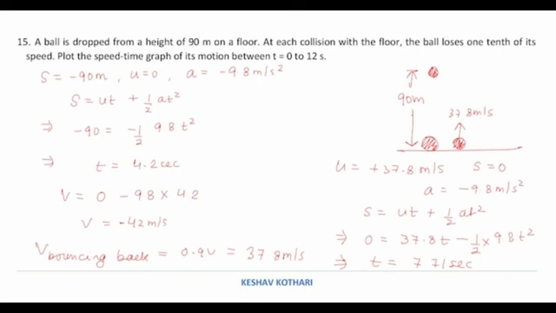So it is again going to make an impact at 7.71 second and lose 10% of its speed. So if we draw this particular graph, we can draw it in this way. So this is the speed time graph we are talking about.